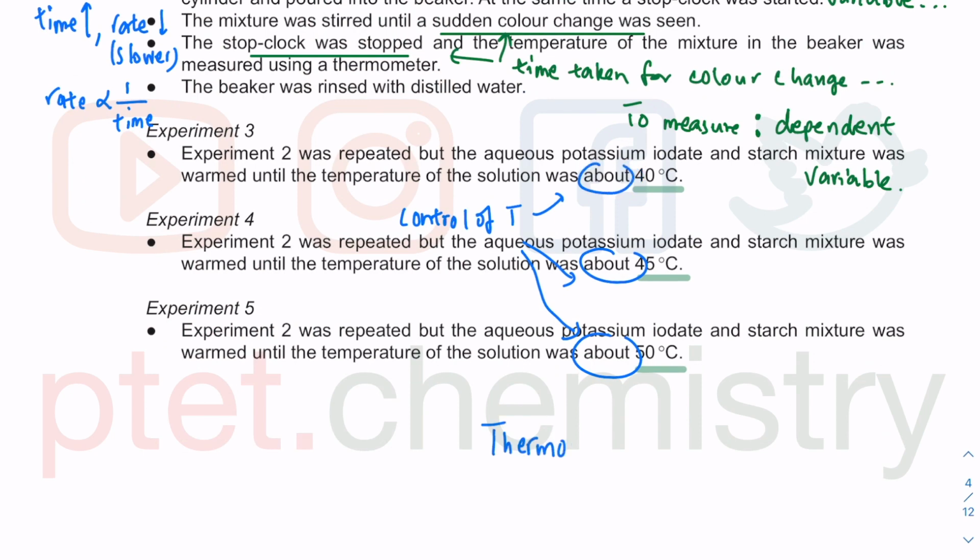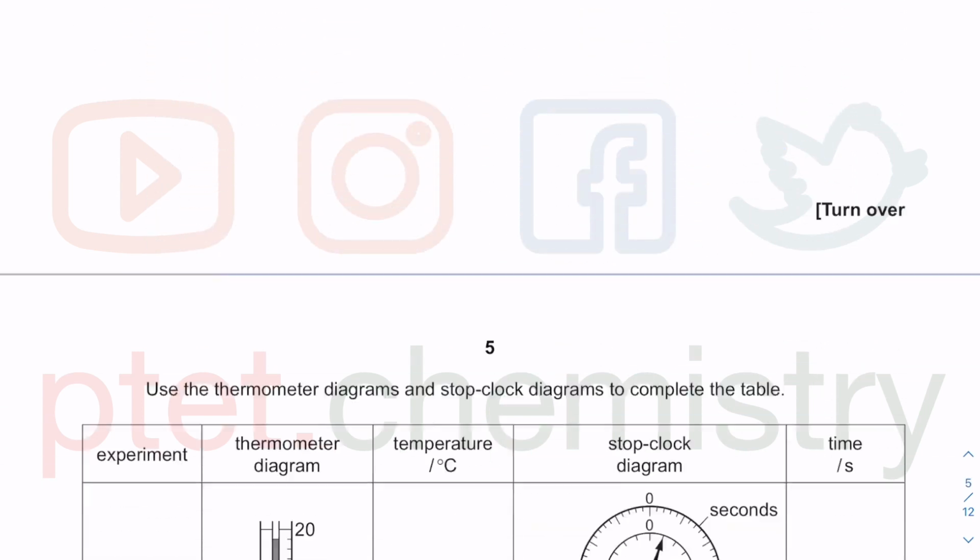Thermostatic means you will control it with a dial, which is fitted with a thermostat. A water bath is suitable for this as your temperature is above the melting point of ice, and the water will remain as water, and it will not have boiled yet because it is still lower than the boiling point of water, which is 100 degrees Celsius.